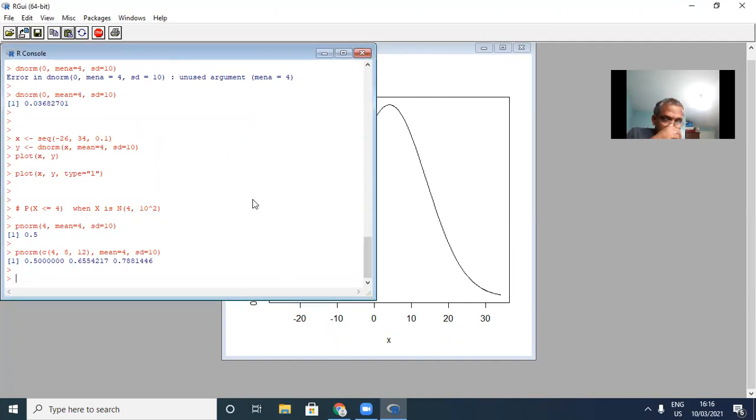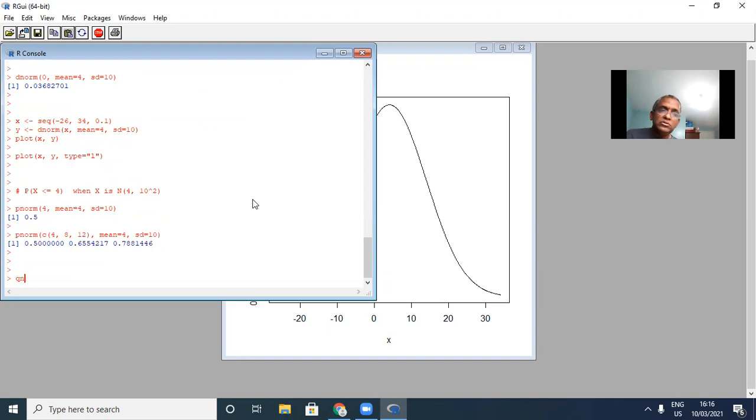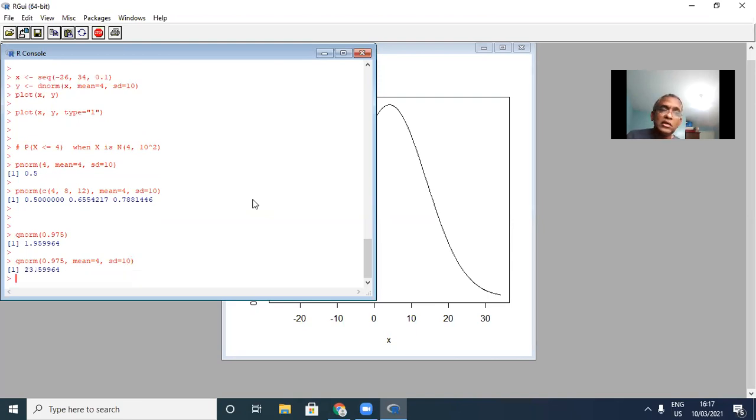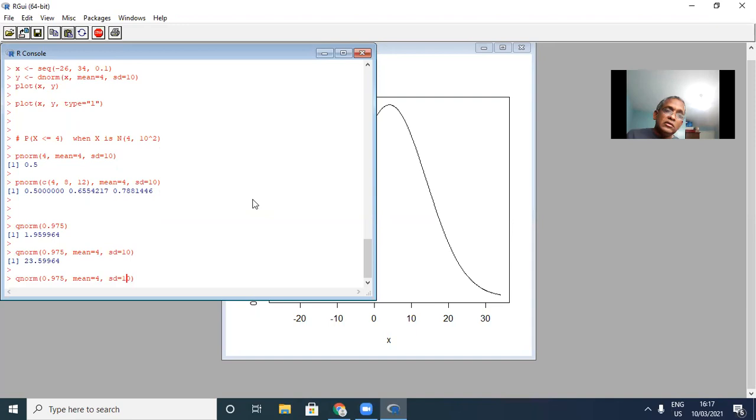Okay. Now the next thing is about quantiles. If you want to compute the quantiles of a normal, you will use the qnorm command. So if you say qnorm at 0.975, this is the quantile of a standard normal with probability 0.975. Now, if you want it for a different normal, say with mean equal to 4 and standard deviation 10, this is what you will get.